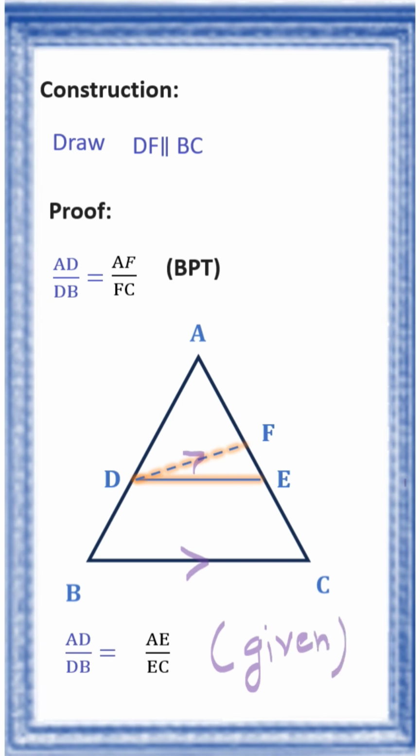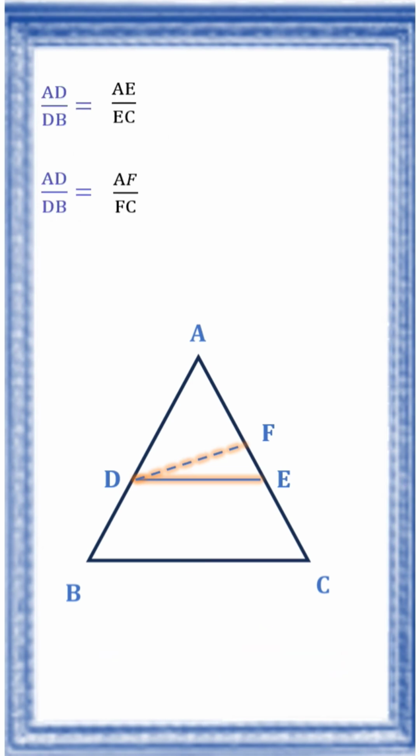Here observe the RHS, they are LHS, so RHS should be equal. So RHS means AE by EC is equal to what? AF by FC. Here we have to prove that AE by EC is equal to AF by FC.